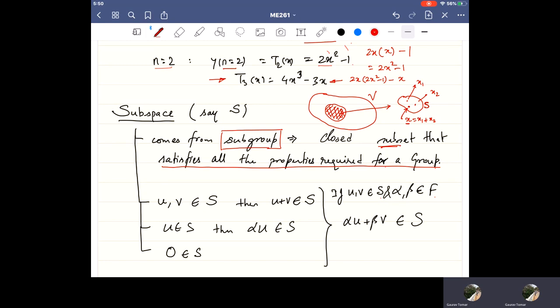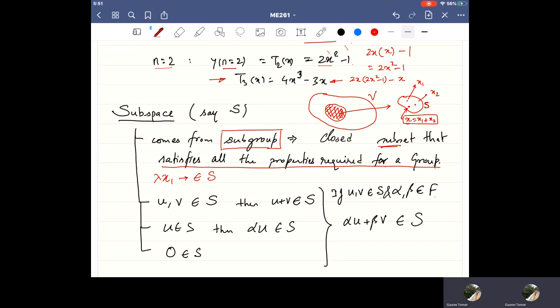The only additional thing is that because you are allowed to have scaling with the field F, in addition to the property that this binary operation should give you a resultant vector which also belongs to the same set, you have an additional property that you can scale any of the vectors from this subset, and the resultant lambda x1 would also belong to the same set. So scaling should also not take you outside this subset. Then you call this subset of the vector space V the subspace.